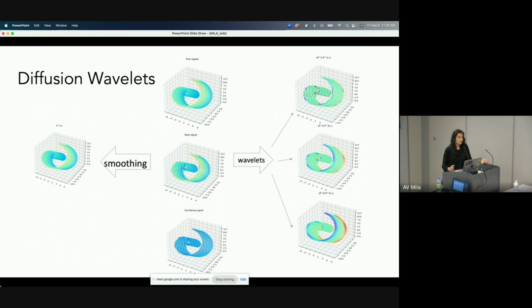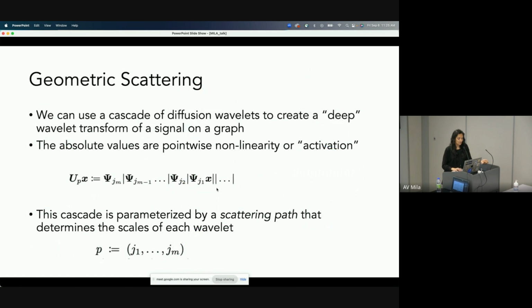So that's the heart of this geometric scattering method, which I now won't fully go over. The basic idea is you take your signal and you transform it by alternating graph wavelet transformation, nonlinearity, graph wavelet transformation, nonlinearity.